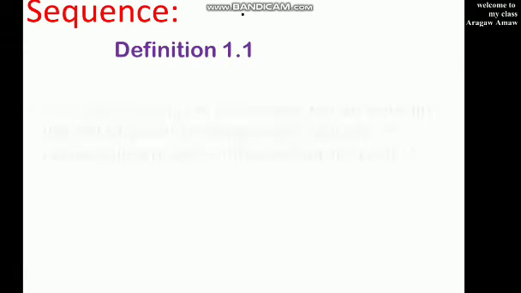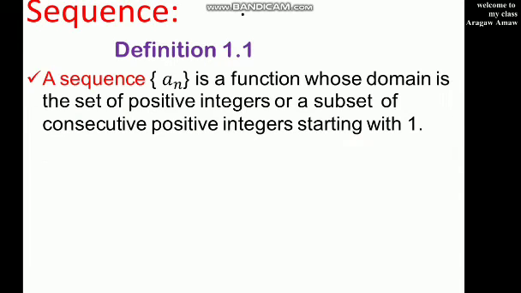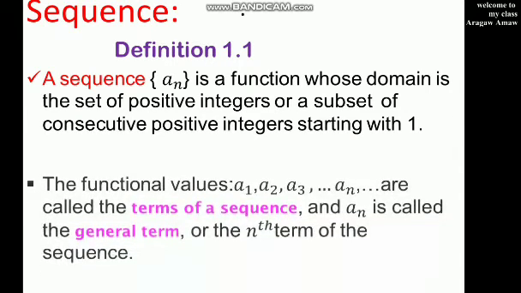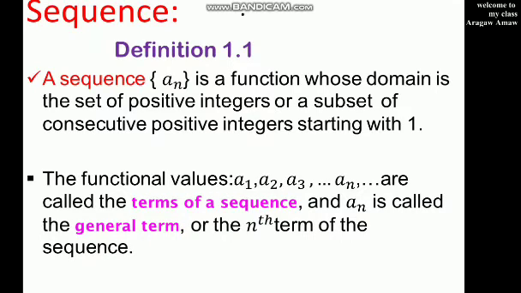In case of sequences, let us find out what a sequence is first. A sequence is a function whose domain is a set of positive integers or a subset of consecutive positive integers starting with 1, and the functional values a1, a2, a3 up to an are called the terms of the sequence, and an is called the general term or the nth term of the sequence.